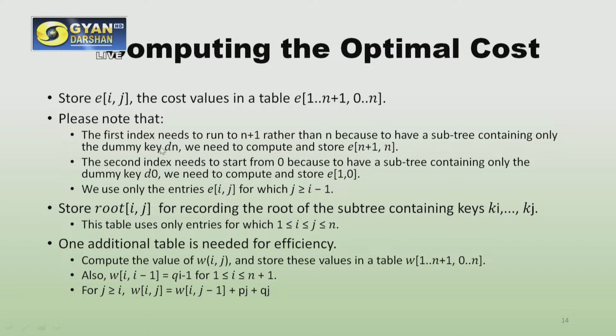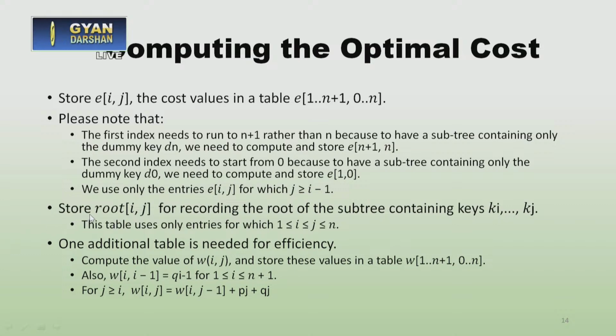This is going to be the expected cost. And the second index needs to start from 0 because to have a subtree containing only the dummy key D0, we need to compute and store E1,0. This is exactly what I was referring to earlier: we use only the entries Eij for which j is greater than or equal to i minus 1. Okay, and we move forward.